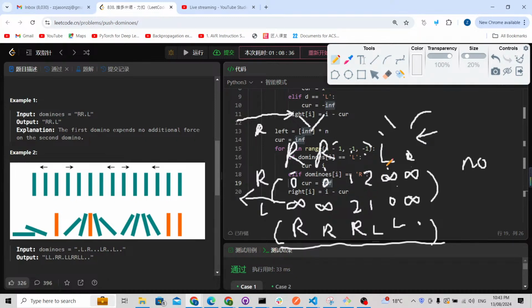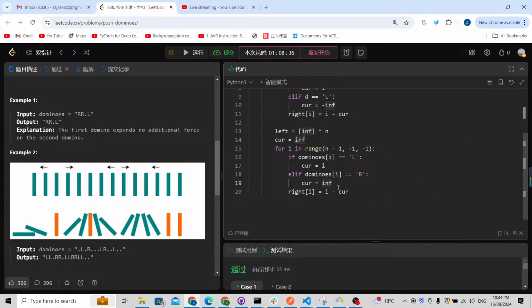If it is equal to L, for example, it is here, this is L, so we're gonna set the current to I. But the I is gonna always be less than the current, so we're gonna use the current minus I to check the distance. So here we just need to change it to current minus the I.